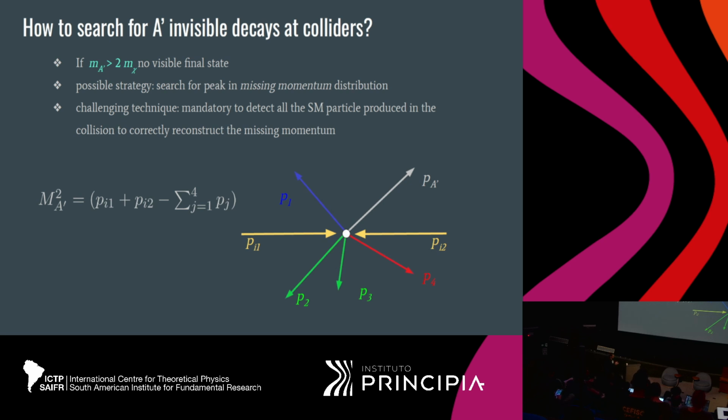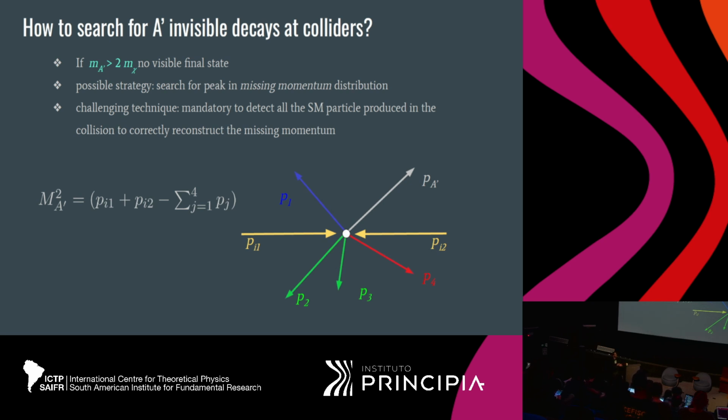So if you have, for example, some interaction between two colliding beams where you have a production of many particles of the standard model and a dark photon which decays invisibly, if you are able to detect and correctly reconstruct all the momenta of these particles, you can just build this quantity, which is the so-called missing mass, and this missing mass is peaked at the mass of the escaped particles.